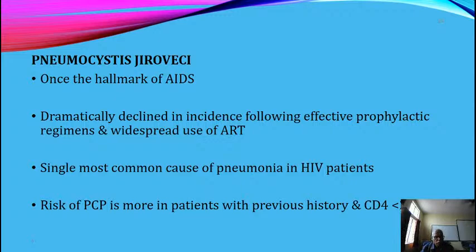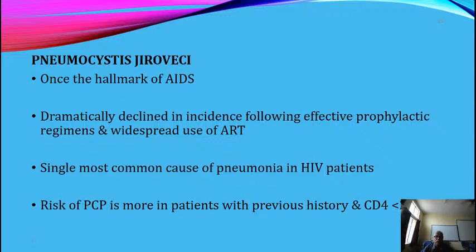So the next important condition we go for is Pneumocystis jirovecii pneumonia, PJP. This is again an AIDS defining illness. There is a lot of change after the advent of ART and awareness among doctors on how to handle and treat this case.